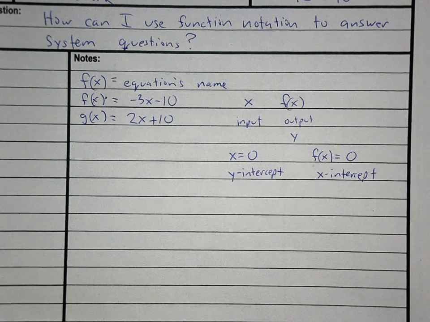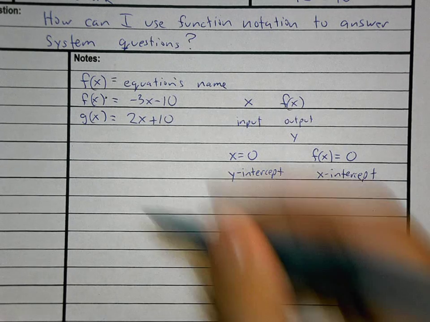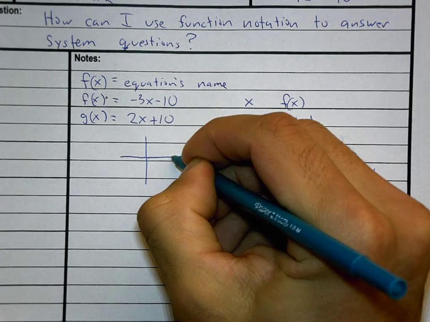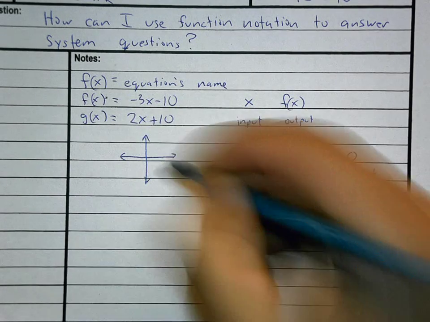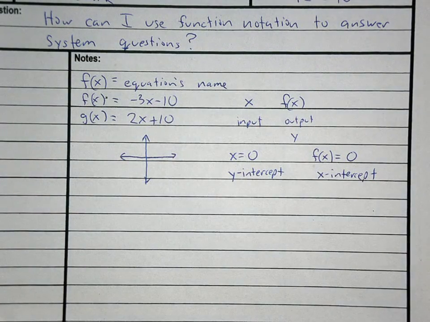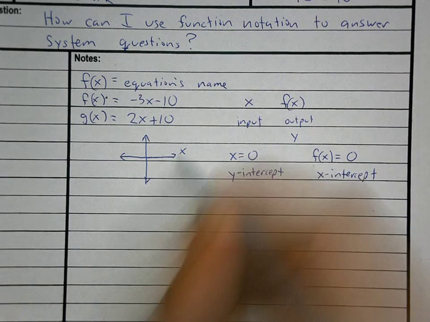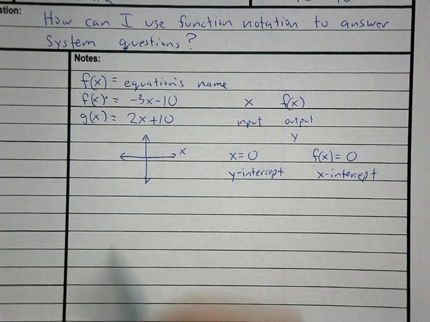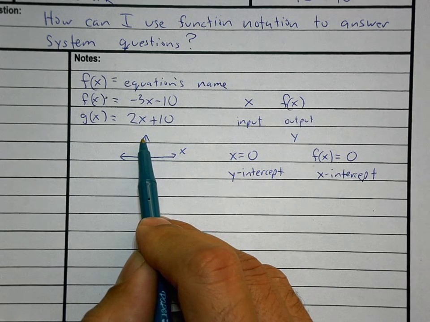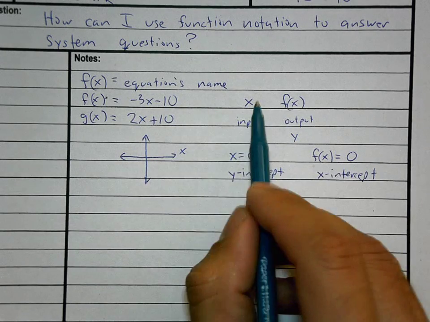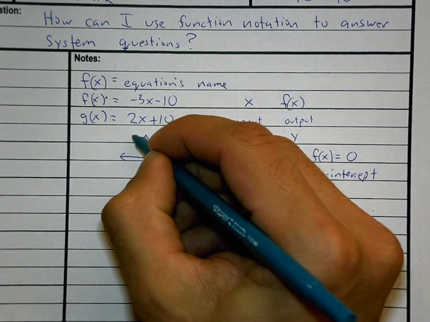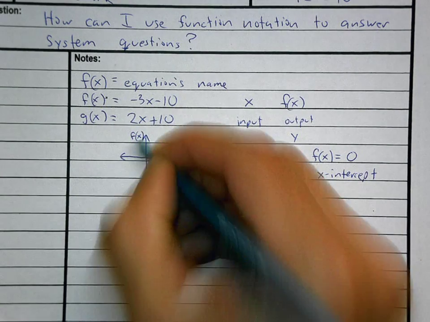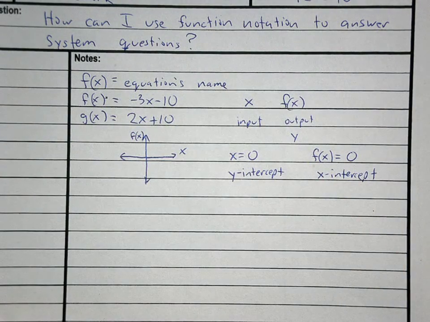I kind of want to show you why, just for you regular Math 1 students and you advanced Math 1 students. Let's look at what that looks like. This is your x-axis. This is your y-axis, and normally I put y there, but since y is the same thing as f of x, we could also put f of x right there.